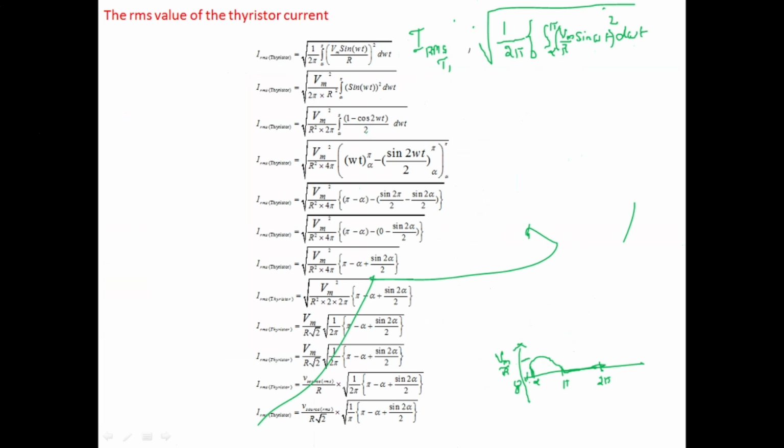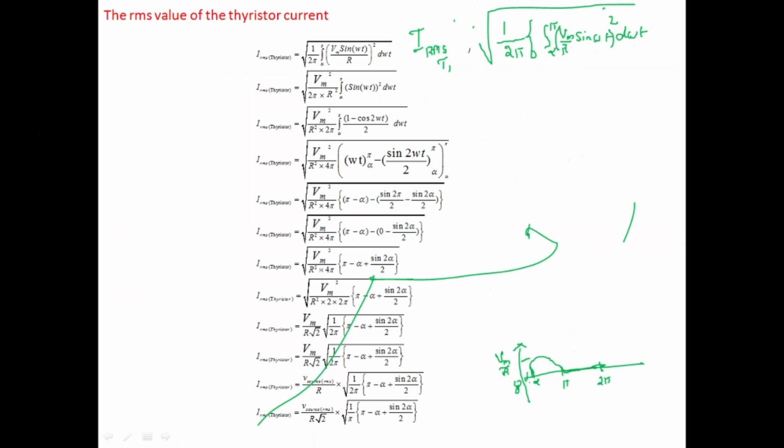Sin squared is 1 minus cos 2 omega t by 2. So Vm squared by R squared 2 pi, into 1 by 2, gives 4 pi: omega t from alpha to pi, minus sin 2 omega t by 2 from alpha to pi, giving pi minus alpha plus sin 2 alpha by 2, over 4 pi.